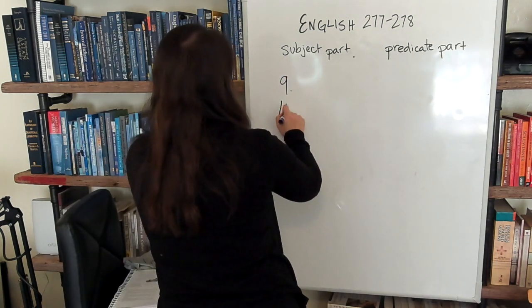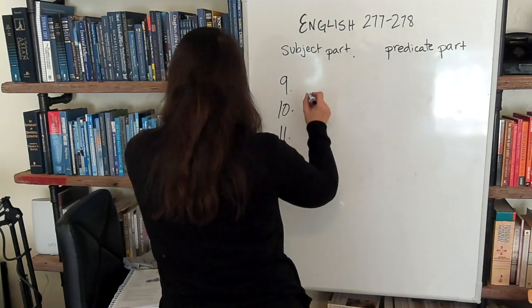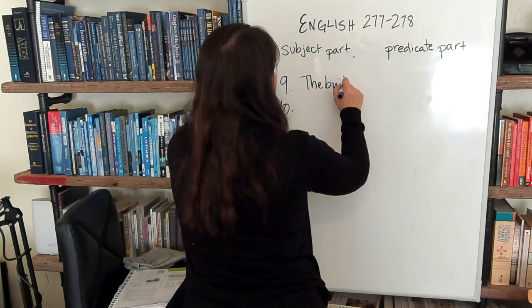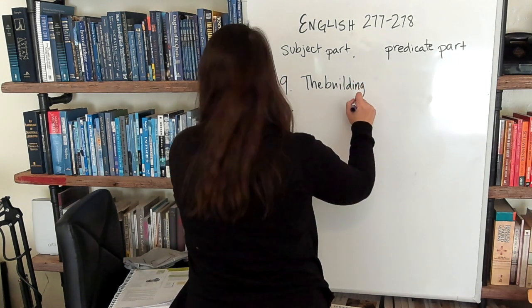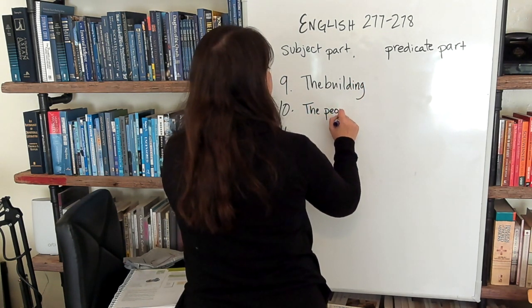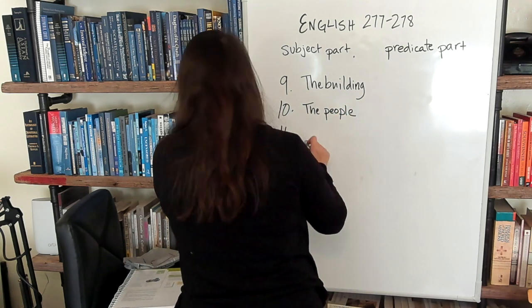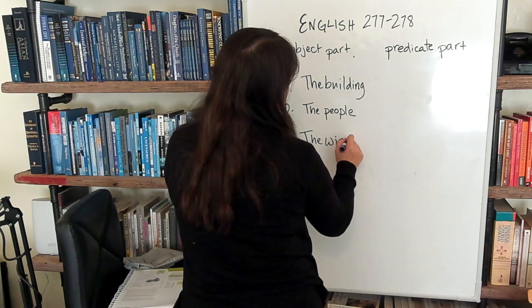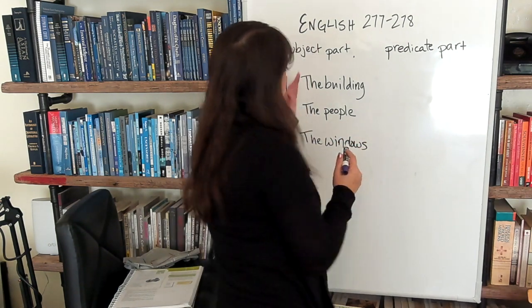Let's just do 9, 10, and 11. It says, the building, the people, and the windows. You can see none of these are complete sentences.